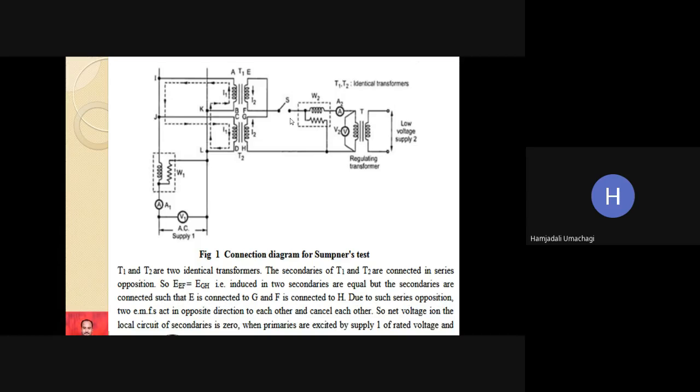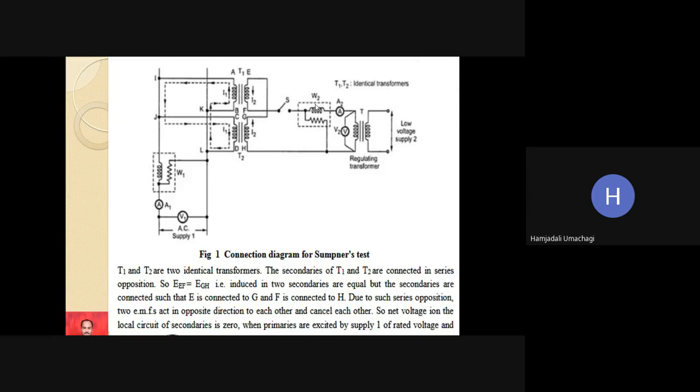If this voltmeter reads 0, only then should we close the switch. Otherwise, if it is not 0, that will be additive polarity. Additive polarity means instead of 230 minus 230, it will be 230 plus 230, which is 460, a dangerous voltage which we should not allow to flow through this circuit.